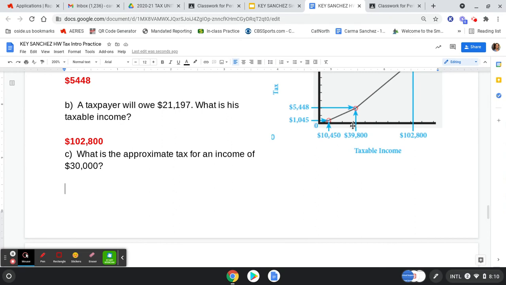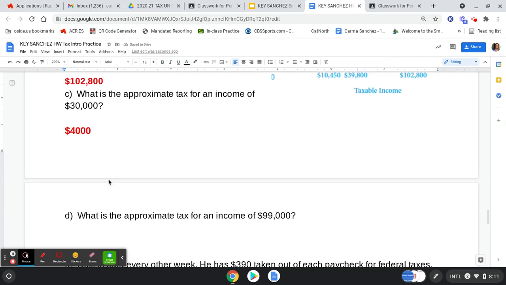Maybe they're about 12,000 each. So 30,000, 24 is going to be somewhere in the middle of these two lines. So if I go up, you guys make a guesstimate, maybe around 4,000. That one's not right on a corner, so it's a little bit trickier. I would take a lot of different answers on this one, depending on what you thought it was. You could probably convince me to accept it.